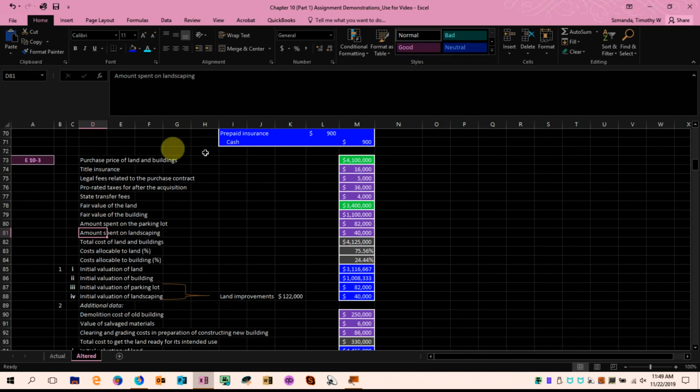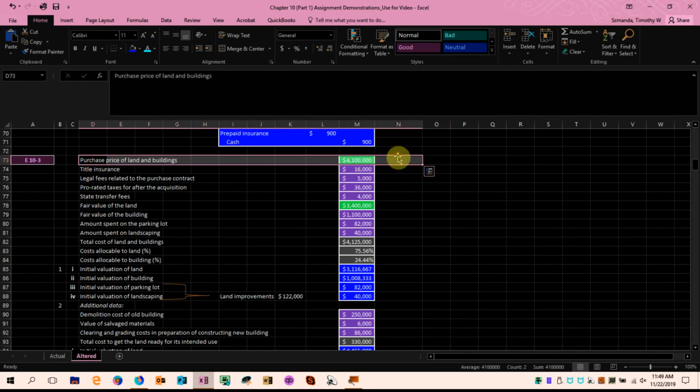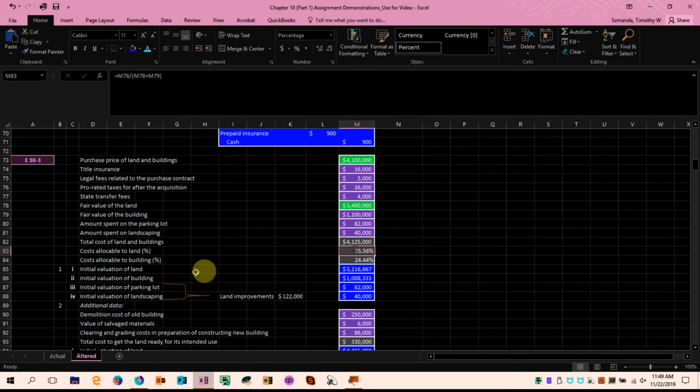One of the things we need to do, and I would do this first, is to allocate the combined purchase price of $4.1 million in my case, and then we've got to allocate based on their respective fair market values as we did earlier: costs allocable to the land in percent and costs allocable to the building. Again, just to review, how did we determine this percentage that we're going to apply against the $4.1 million on behalf of the land?